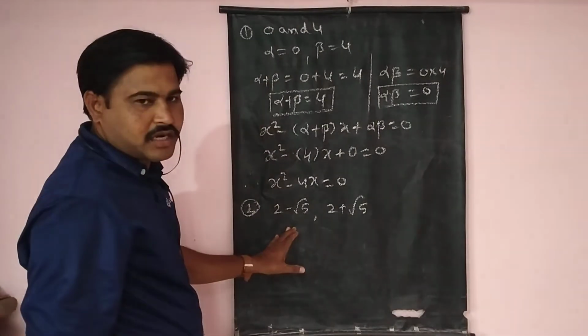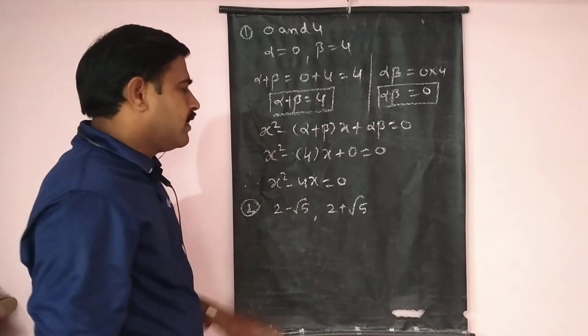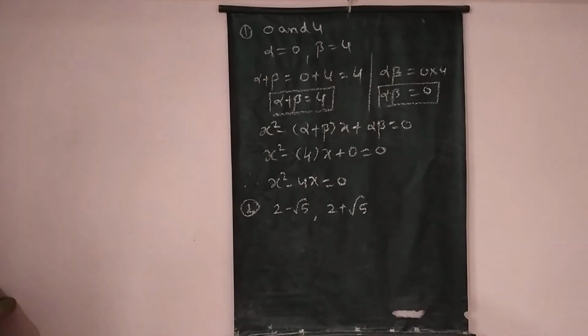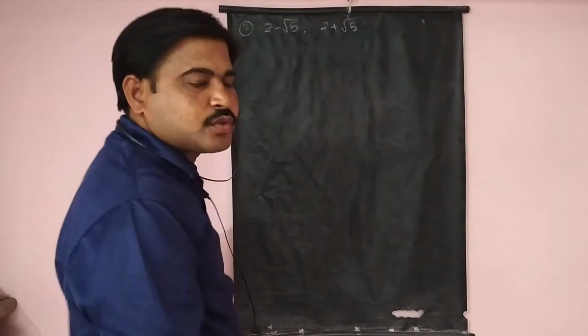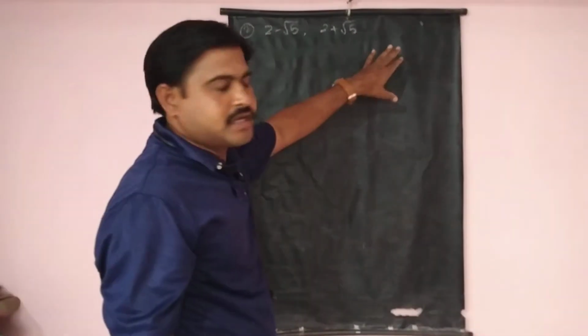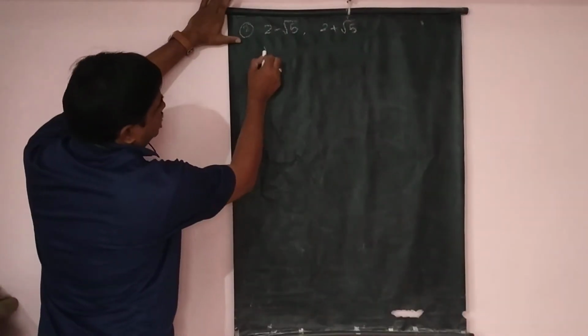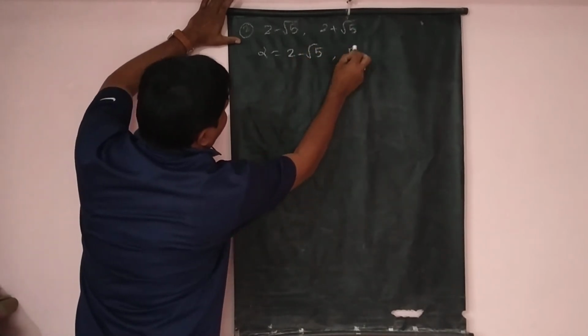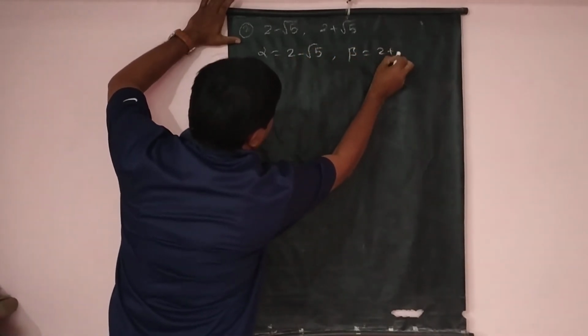The first is considered as alpha and the second one is considered as beta. 2 minus root 5, 2 plus root 5 is given. So the first one is considered as alpha. Alpha is equal to 2 minus root 5. Beta is equal to 2 plus root 5.